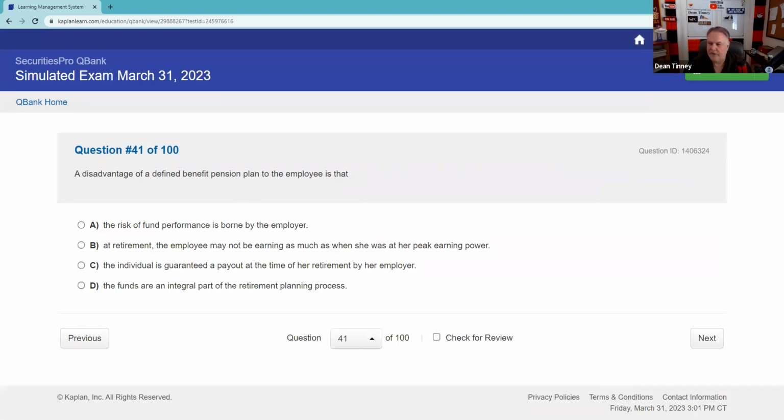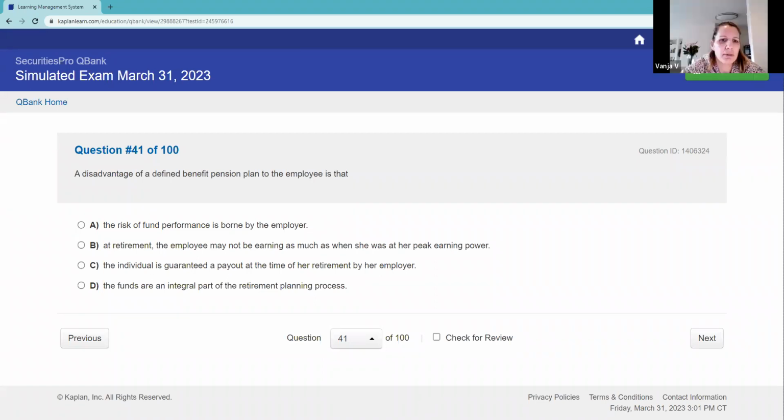A disadvantage of a defined benefit pension plan to the employee is that: the risk of fund performance is borne by the employer; at retirement, the employee may not be earning as much as when she was at her peak earning power; the individual is guaranteed a payout at the time of her retirement by her employer; the funds are an integral part of the retirement planning process.